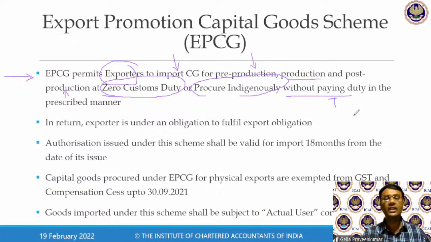Now here, right now we talk about GST. Prior to GST, we had this concept of central excise. So the government said, look, you want to buy within India, don't pay the taxes in India. You want to import from a foreign nation, you import without payment of customs duty.